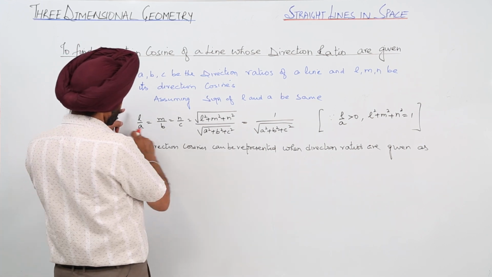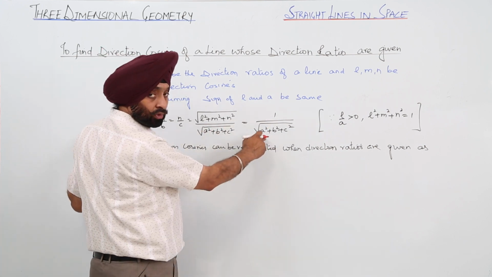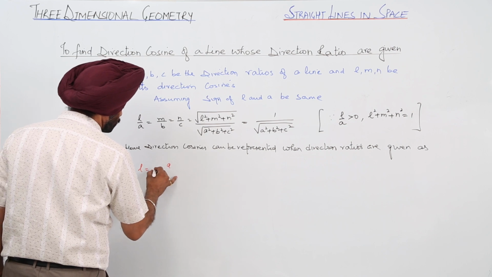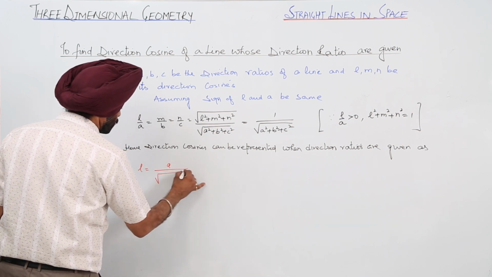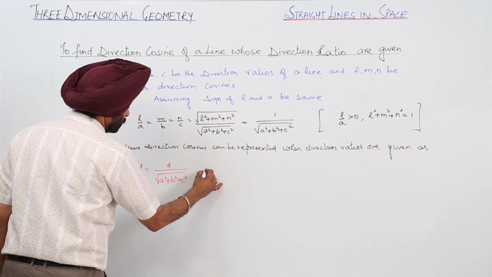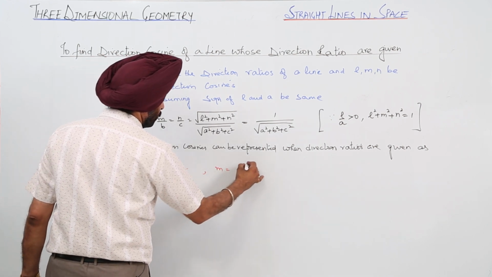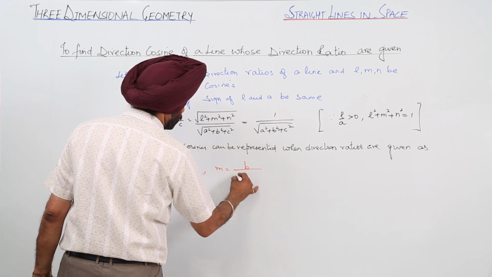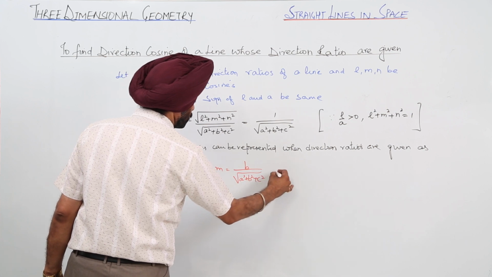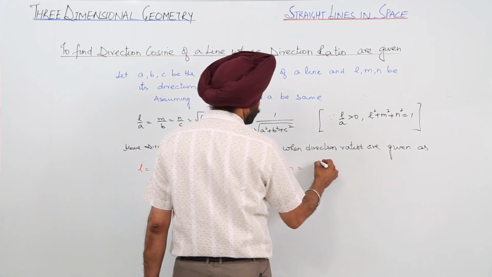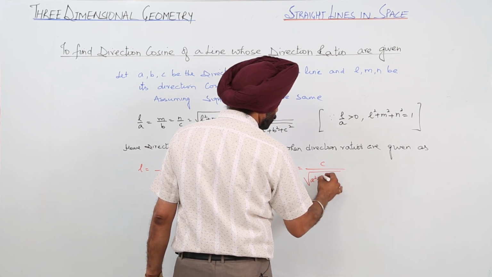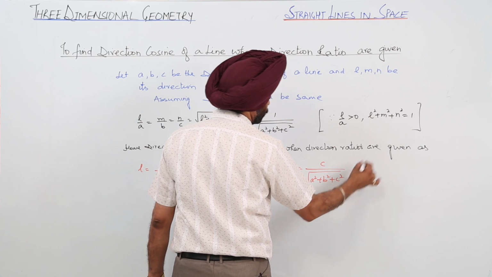Now L upon A is equal to 1 upon square root of A square plus B square plus C square, so we can write L is equal to A upon square root of A square plus B square plus C square, M is equal to B upon square root of A square plus B square plus C square, and N is equal to C upon square root of A square plus B square plus C square.